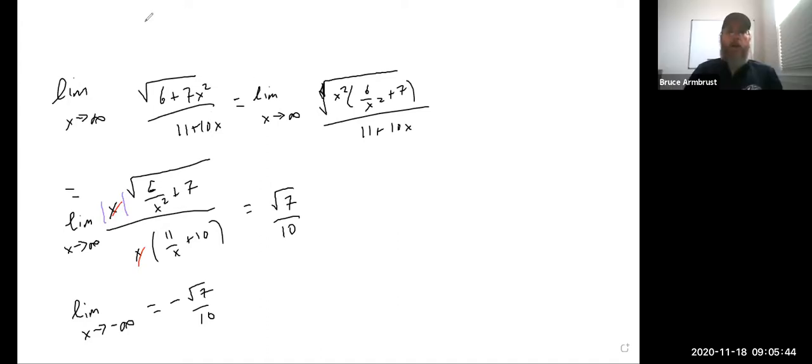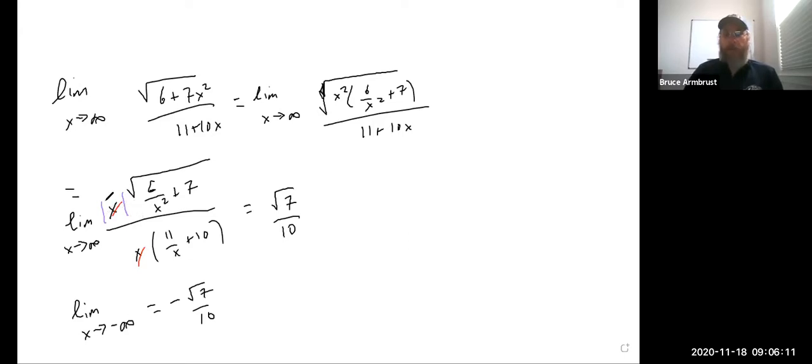Okay, well, so again, technically, there's this absolute value when I factored out. It's really easy not to do that when you're doing the algebra. And with the positive infinity, you don't have to worry about that because if x is positive, this is still positive. The reason I don't do it when I do the algebra is because it gets confusing.